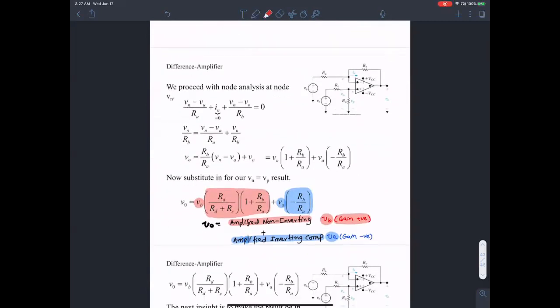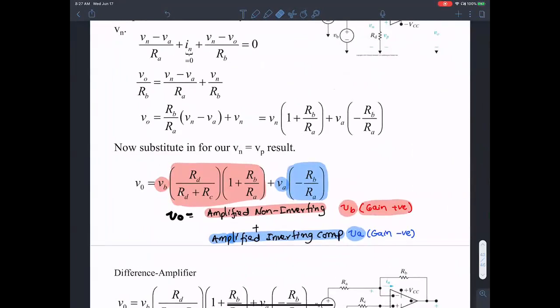So once we plug that in to the value of Vn, we get what we were after, this guy: Vb times Rd over Rd plus Rc times 1 plus Rb over Ra, plus Va times negative Rb over Ra.